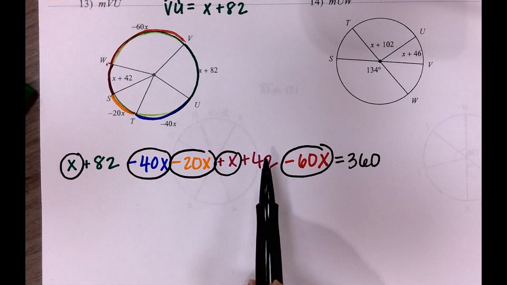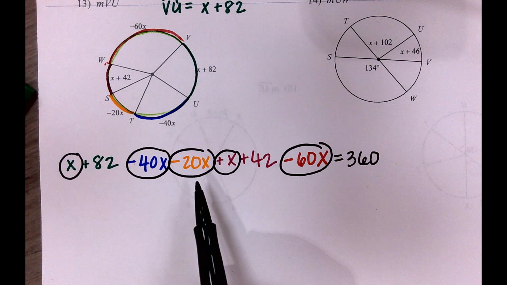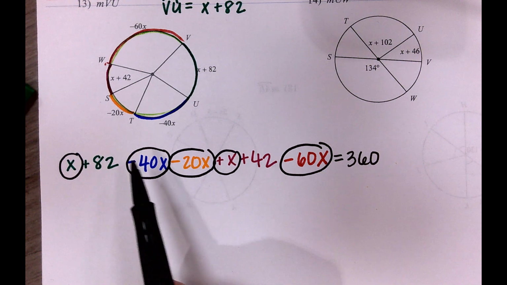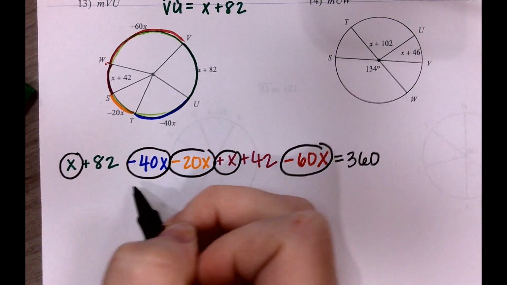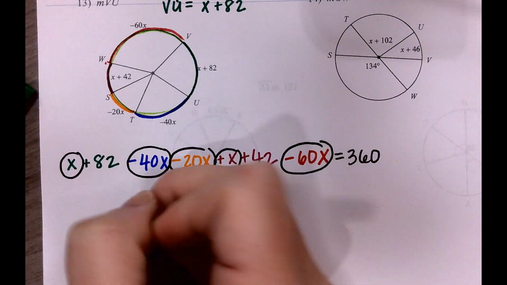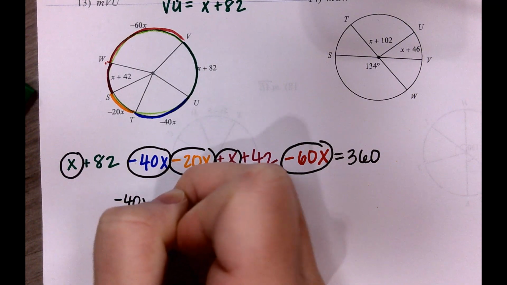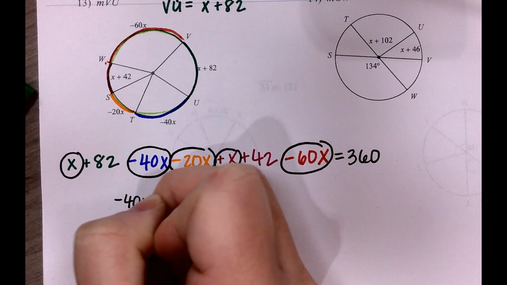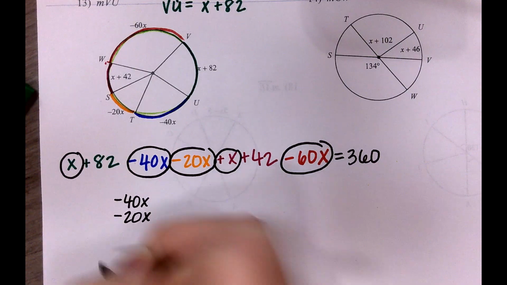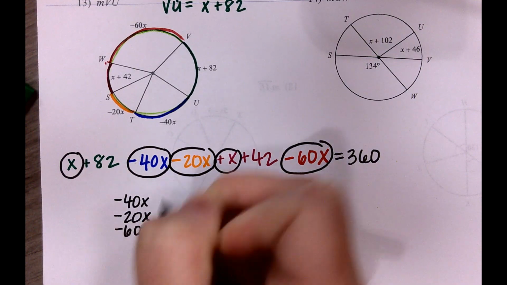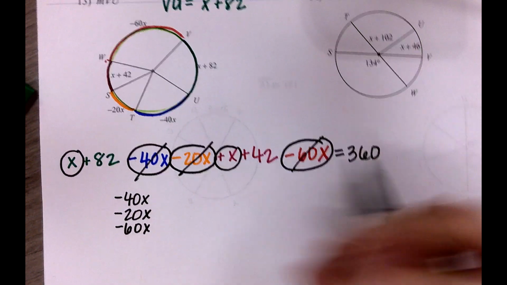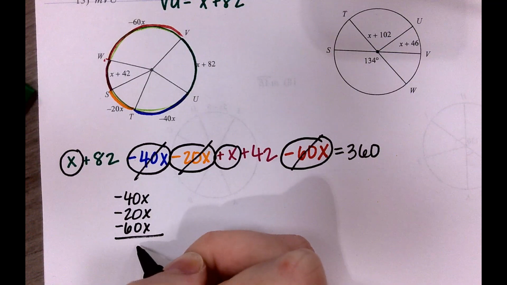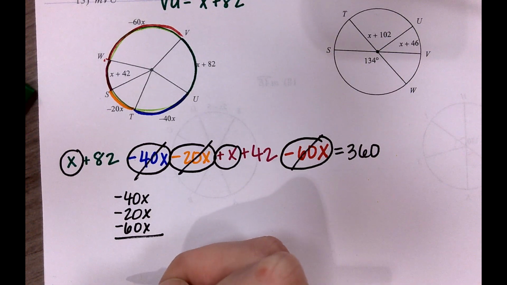So when you add all of the negatives first, you get negative 120. We've got negative 40x plus negative 20x plus negative 60x. I'm going to cross them out as I go. I add those together, and you said negative 120?